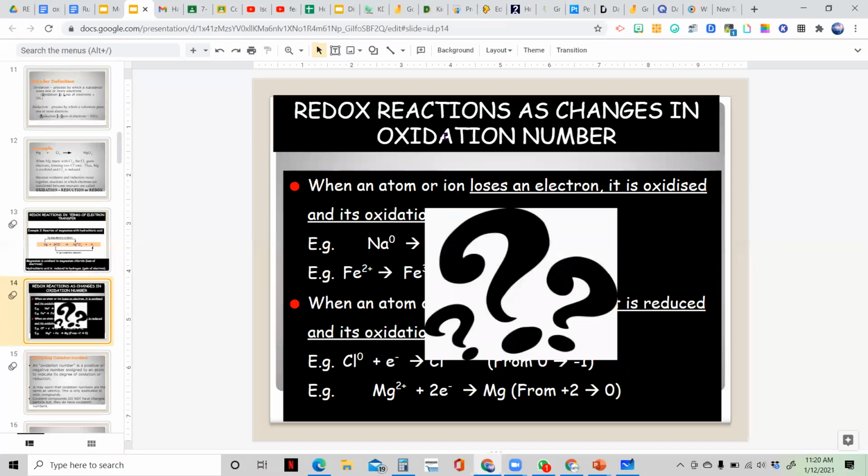So if you do not remember what an oxidation number is, I'm going to advise you to go and look it up. Find the definition for the term oxidation number. If you do not see oxidation number, then look for oxidation state.